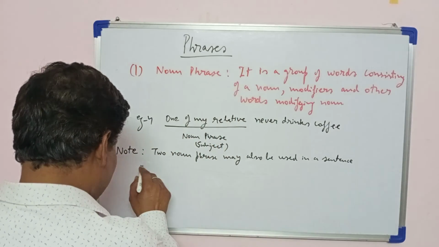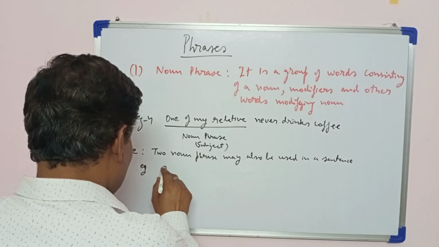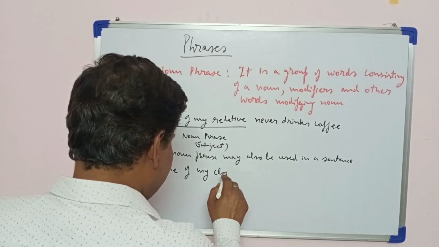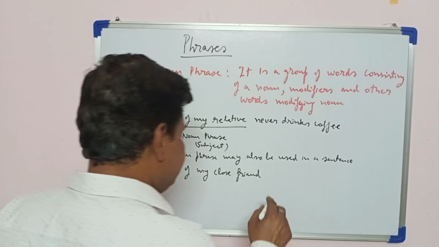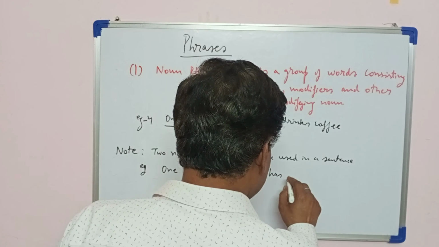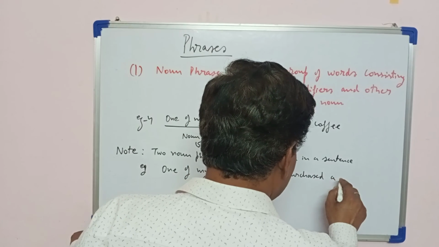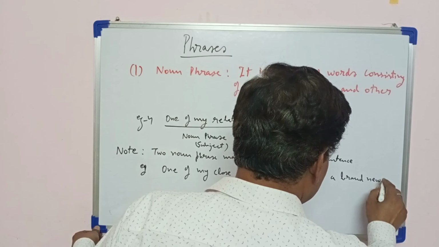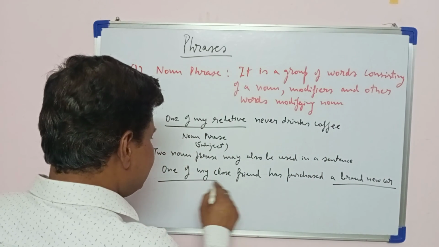Example: one of my close friends has purchased a brand new car. A brand new car. One of my close friends.